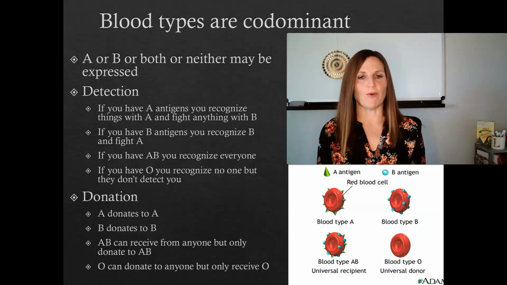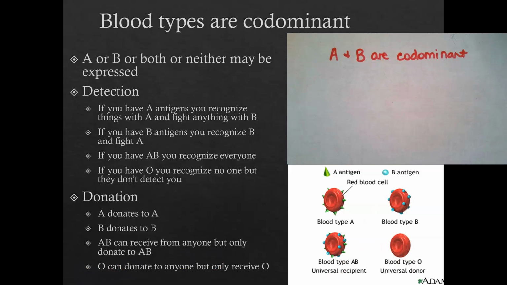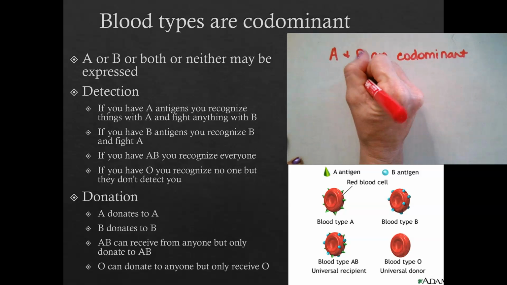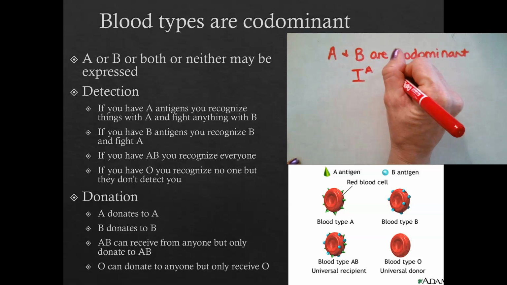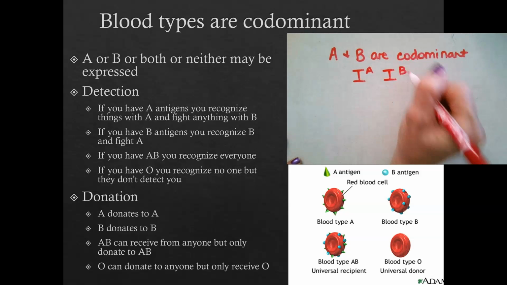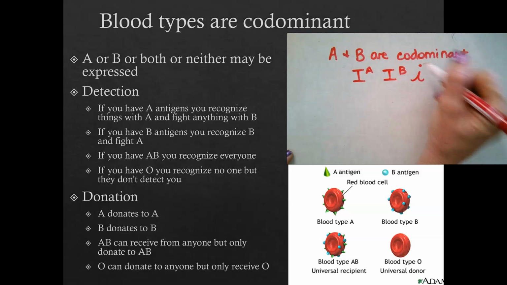From a genetic standpoint, there's something that we need to understand about blood. What we know is that A and B are codominant, and so we actually write them as an I with an A, or an I with a B. So this means type A blood, and this means type B blood. And then we have that recessive O, and so O is written as a lowercase i.